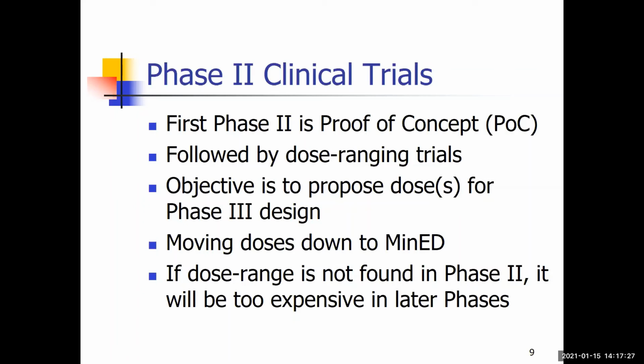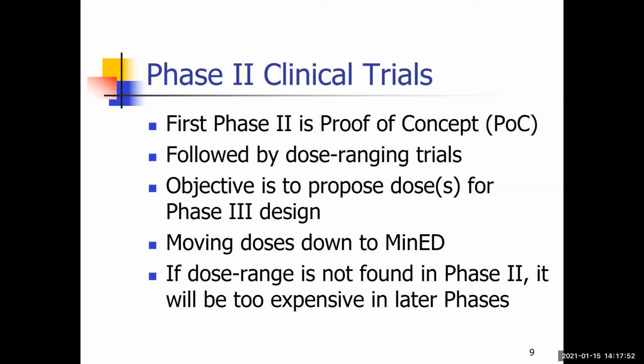Phase 2, you use patients with a target disease. In other words, if you want lower blood pressure, you want to recruit phase 2 patients with high blood pressure. All right. If you want to treat like arthritis, then in phase 2 you're going to recruit arthritis patients.